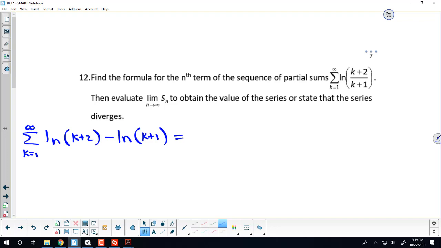Okay, we're starting with k equals 1. So the first pair, ln of 3 minus ln 2. The next, k equals 2, ln 4 minus ln 3.